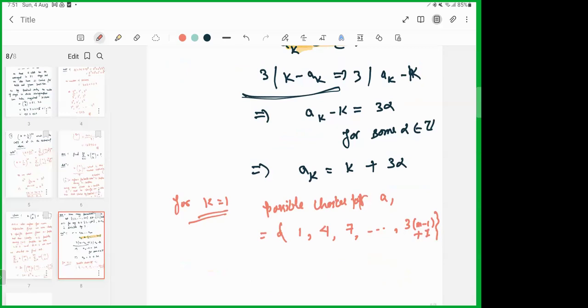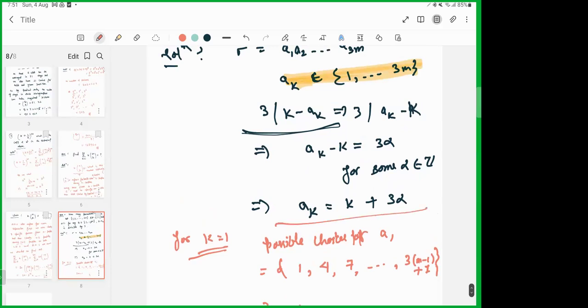Why plus 1? Only because the last quantity is 3m. You are saying 3m minus 1 is of this form?